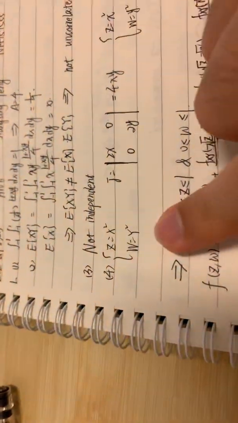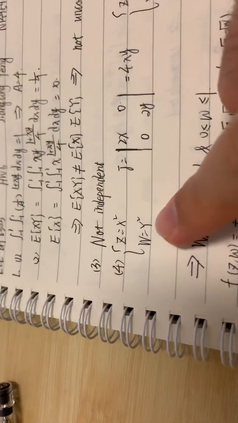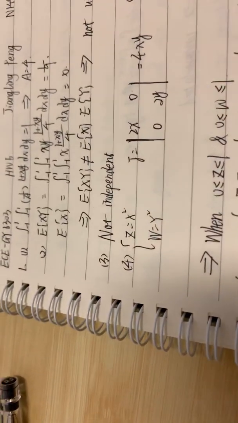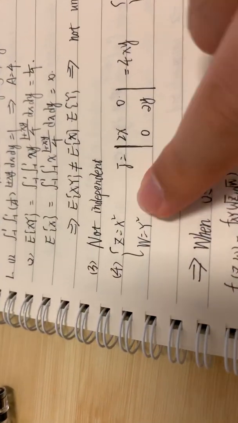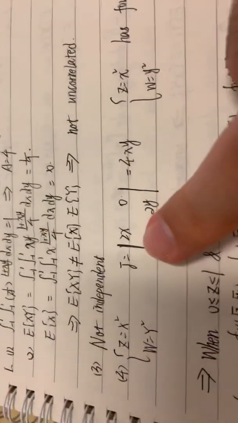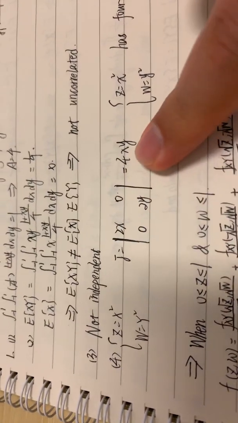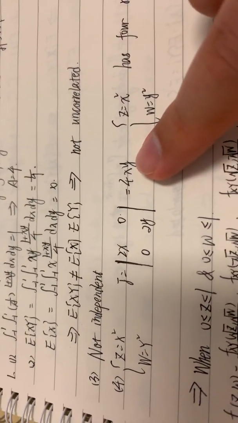Let's use the Jacobian method, and we make Z equals X squared and W equals Y squared. The Jacobian is the determinant of 2x, 0, 0, 2y, that's 4xy.